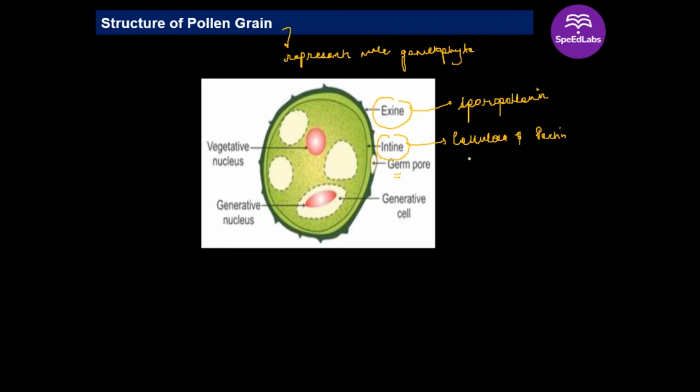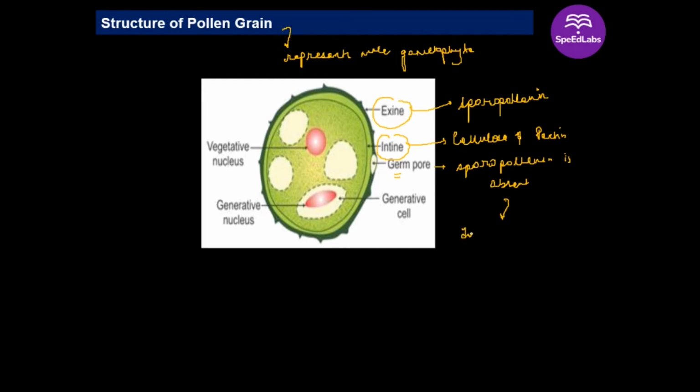Alright, now next is this germ pore. So what is this place here? This sporopollenin, which is a very strong, highly resistant organic material, is absent. Sporopollenin is absent here, and this is the place from where the intine is going to come out and form the pollen tube.